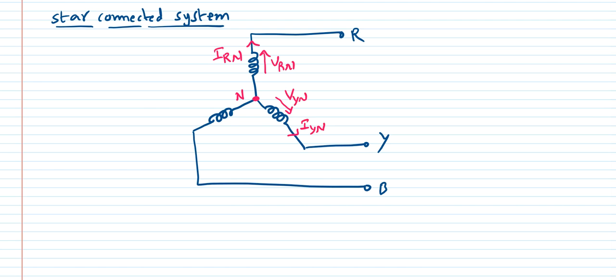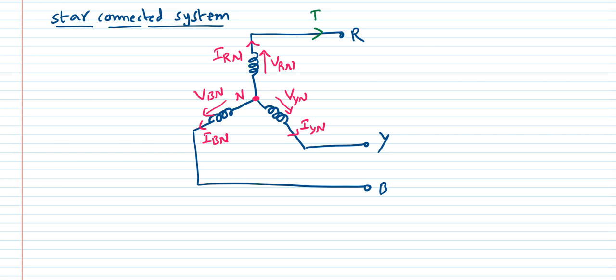Similarly for the B phase coil, I can write VBN, and the current flowing through this one is IBN. So these are the currents and voltages flowing through this three winding system. In the lines also some current is flowing.